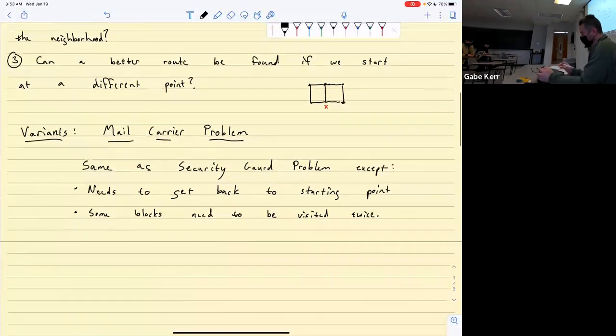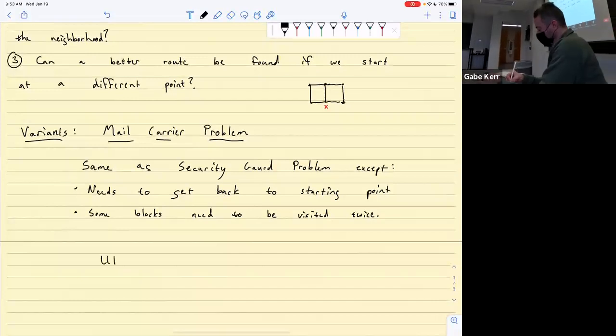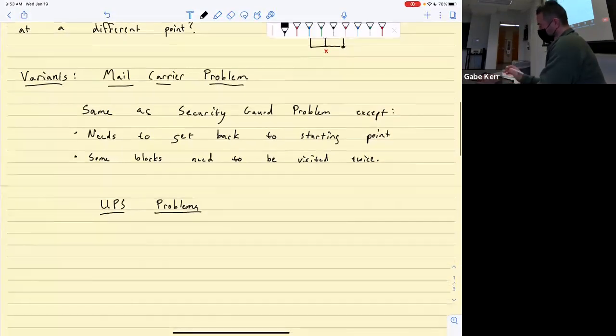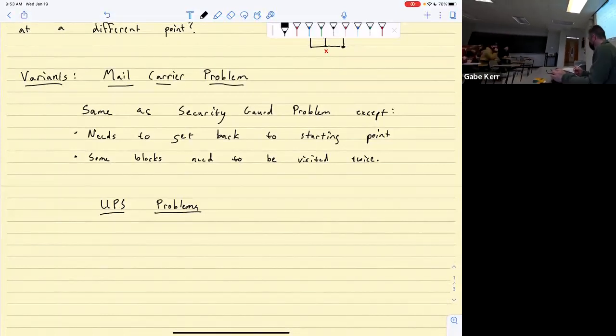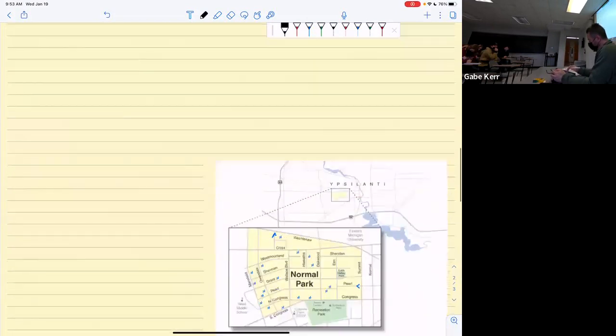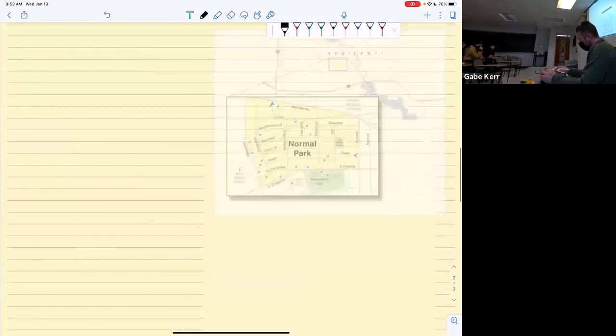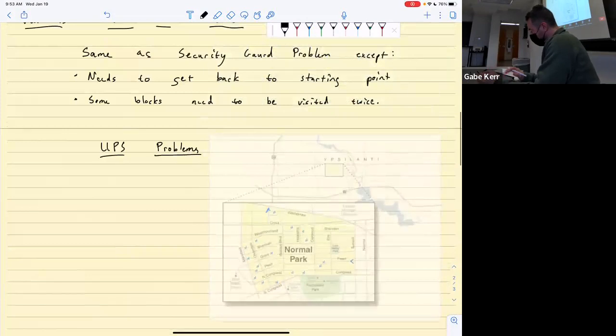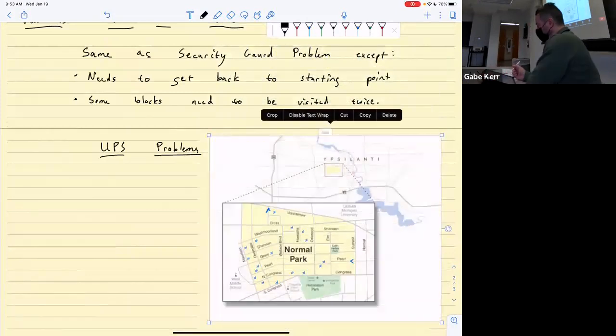And then they have another problem they call, I don't know how standard this is, the UPS problem. So I took this map and did a similar thing. The UPS driver doesn't have to visit every house, right? They have a fancy truck or something, so they can get out.